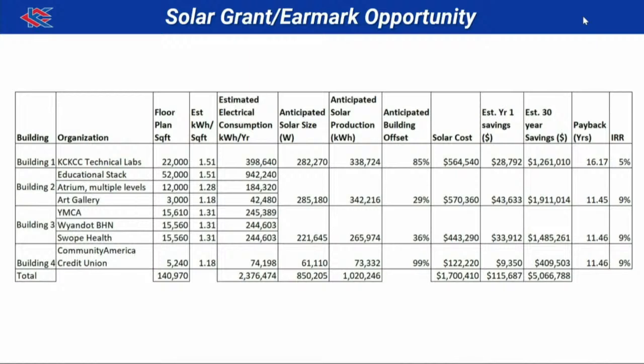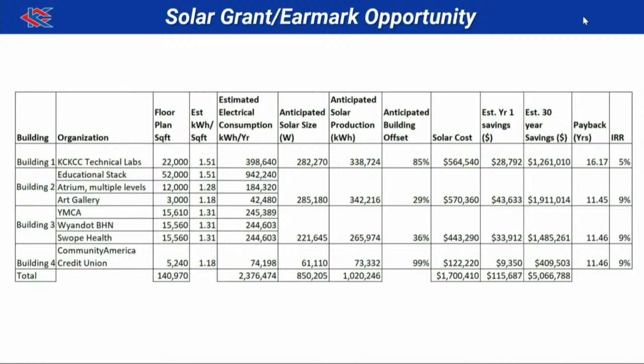So one of the things that we're trying to do is maintain the stability and the ability for all of our organizations to operate in a very efficient way, a very affordable way, which will help continue the success of that organization to serve the community. So there is an opportunity under the current earmarks for 2023 through the Department of Energy to do solar. And if it's going to be used for production, there is a 1-to-1 match.